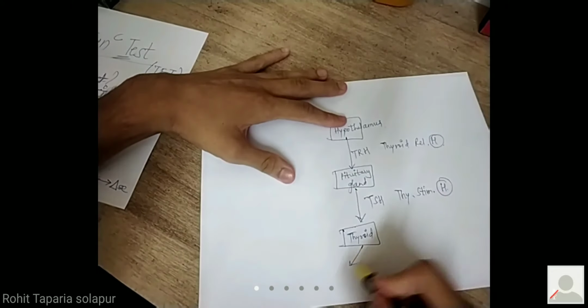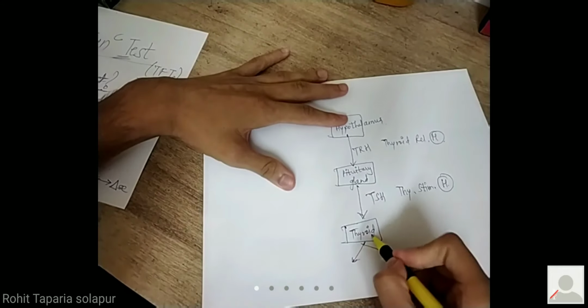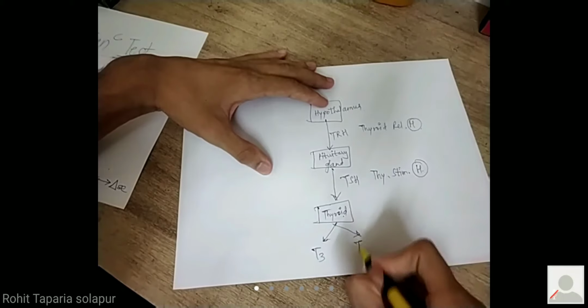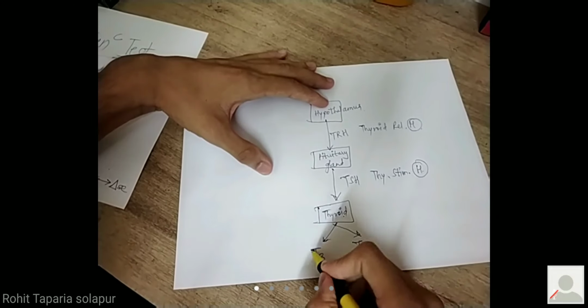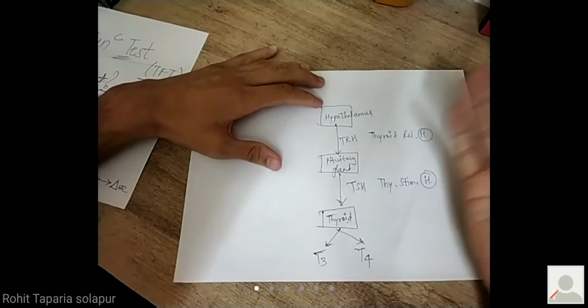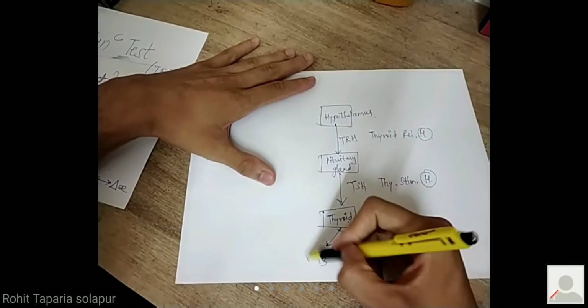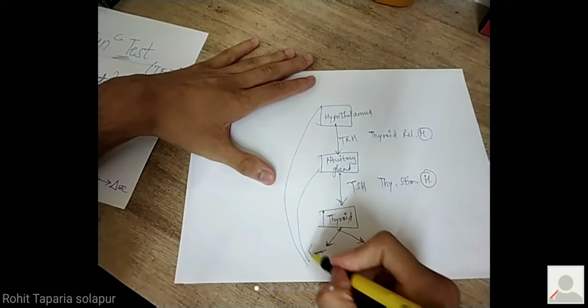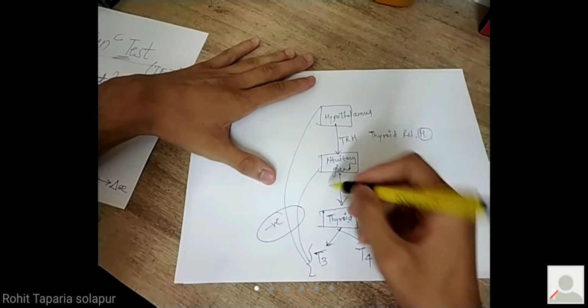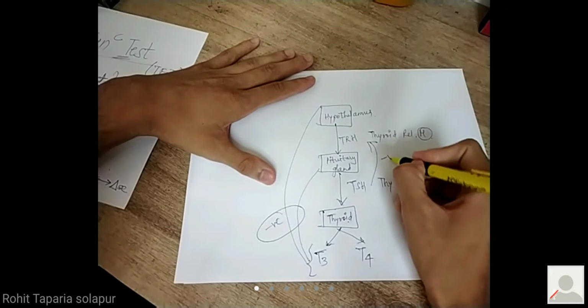It also produces calcitonin, but today our discussion is related to T3 and T4 mainly. Okay, T3 and T4. आता simple आहे की there is a negative feedback mechanism.